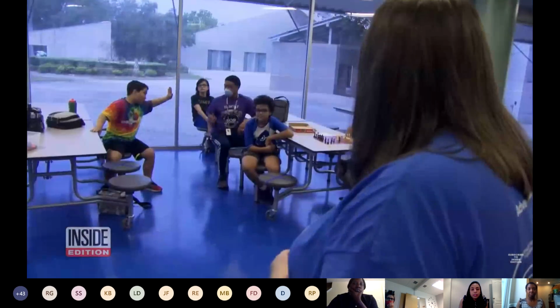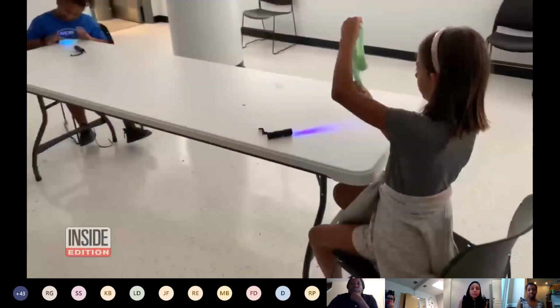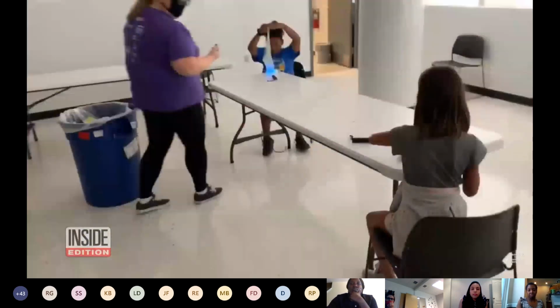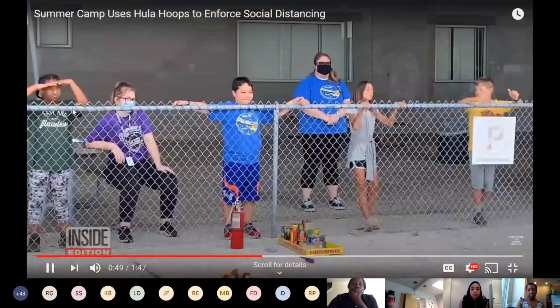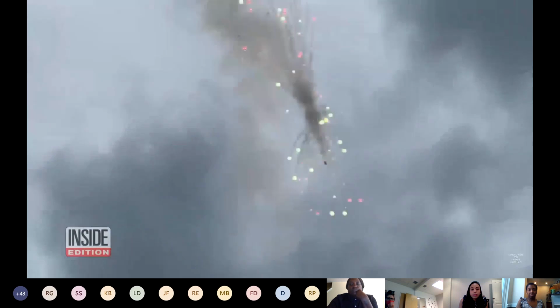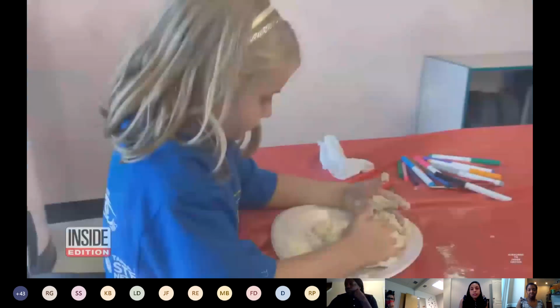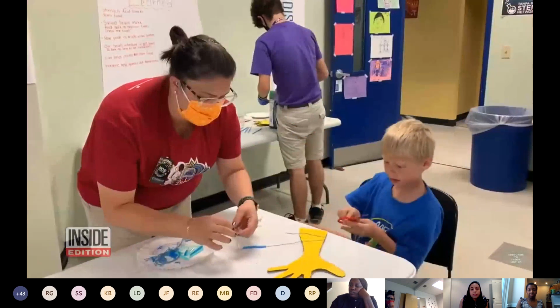X's on chairs help maintain social distance at tables. And when this kid tries to high-five his buddy, air high five, there you go. Kids sit solo at opposite ends of long tables when they're engaging in science experiments, and they space themselves out behind the fence to watch fireworks ignite as part of a science lesson. Masks are optional for campers, but mandatory for counselors.